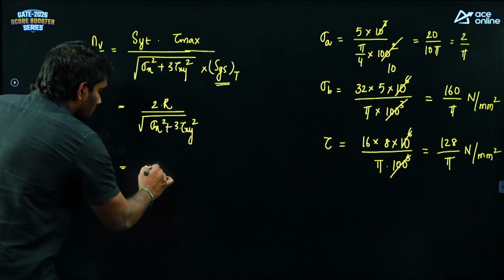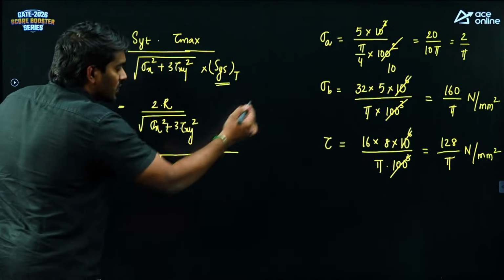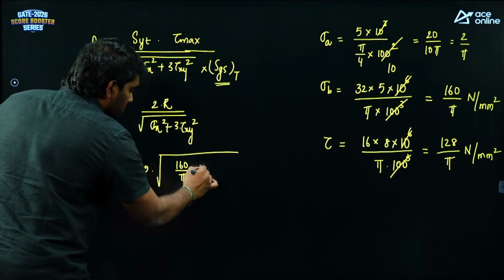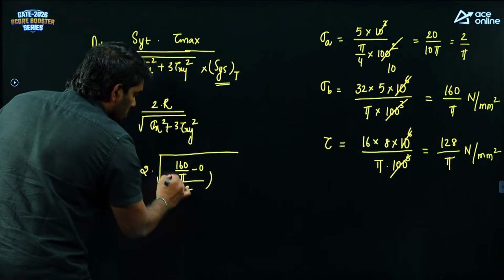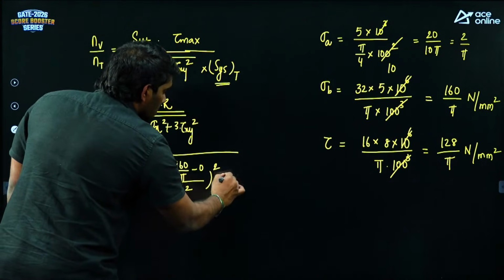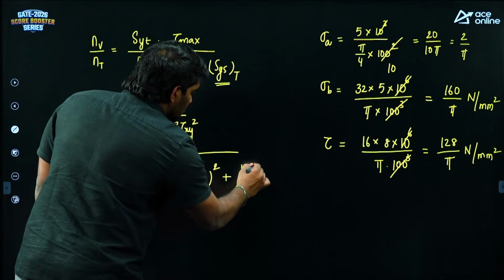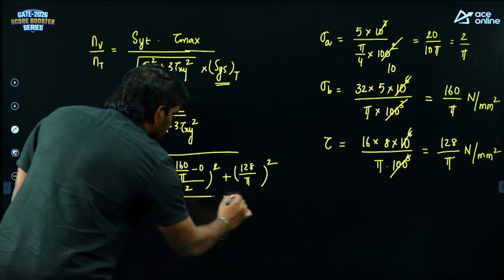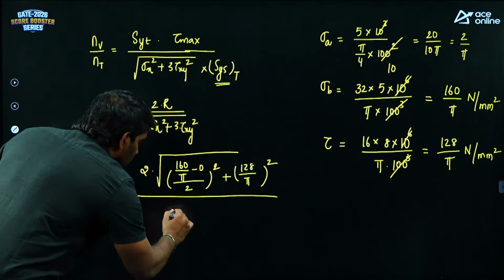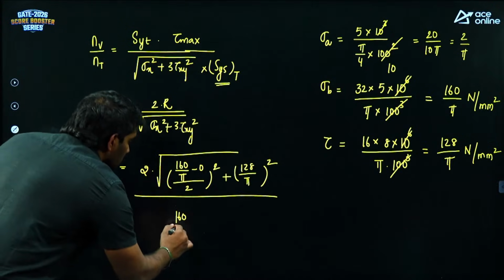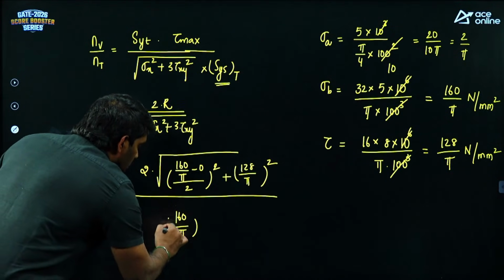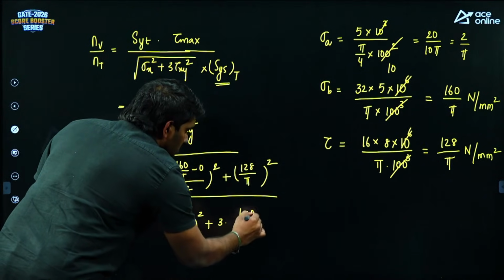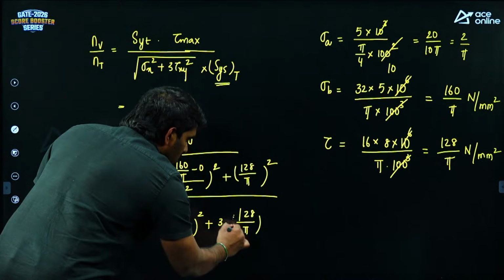2 into under root, sigma x value is 160 by pi, sigma x minus sigma y by 2 whole square plus tau xy, which is 128 divided by pi whole square, whole divided by sigma x, which is 160 by pi whole square plus 3 times 128 by pi whole square.